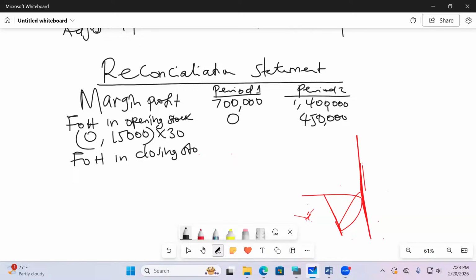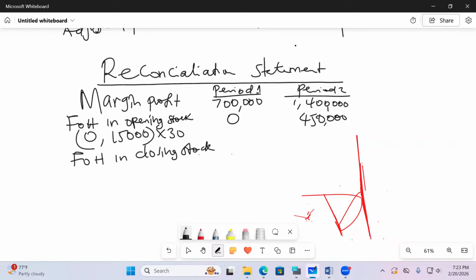And then you come and give me the fixed overhead in closing stock. What do we have there, ladies and gentlemen?